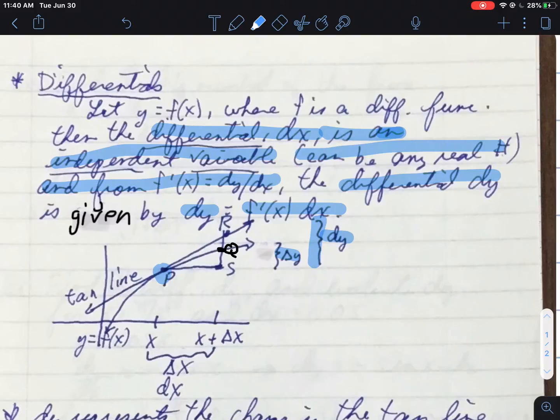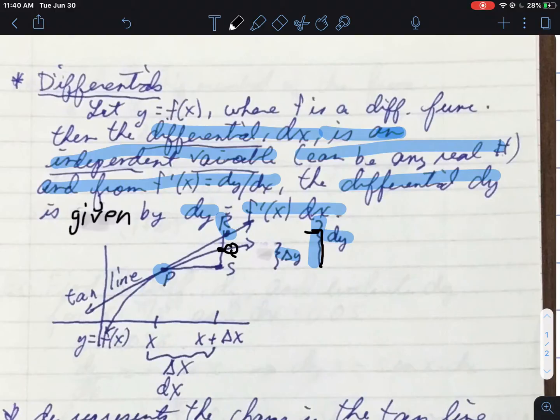So if we move along the tan line from point P to point R along the tan line, then the amount that the y value changes is dy between those 2 points. So my drawing is off just a tad. I want that to match up with the R value. So that's our dy. That's the change in y with respect to the tan line.